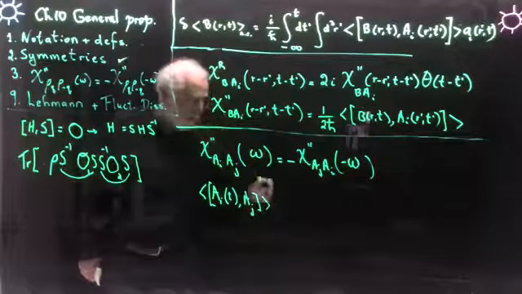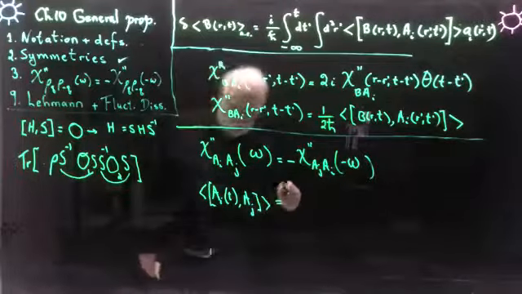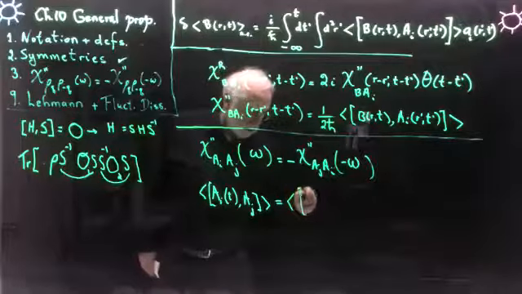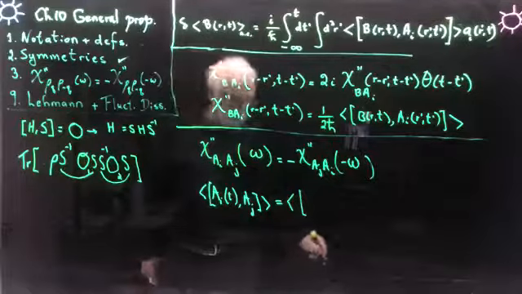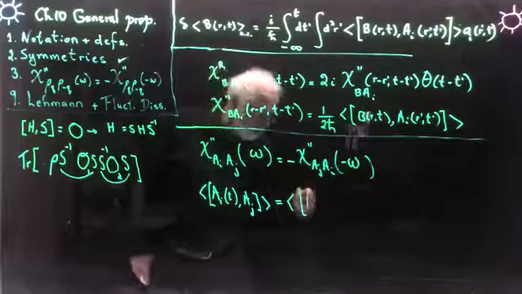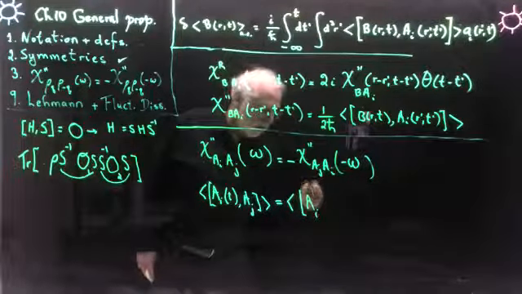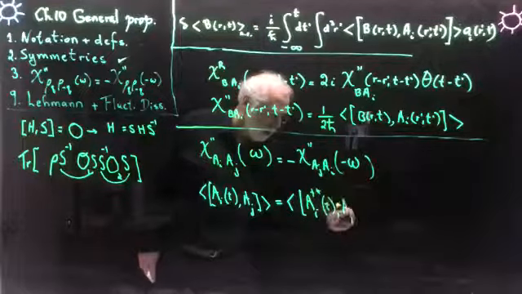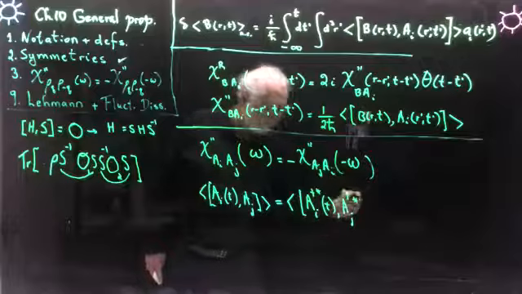Now if I have time reversal symmetry, that means this should be equal to the commutator of AI dagger star of t times AJ dagger star.